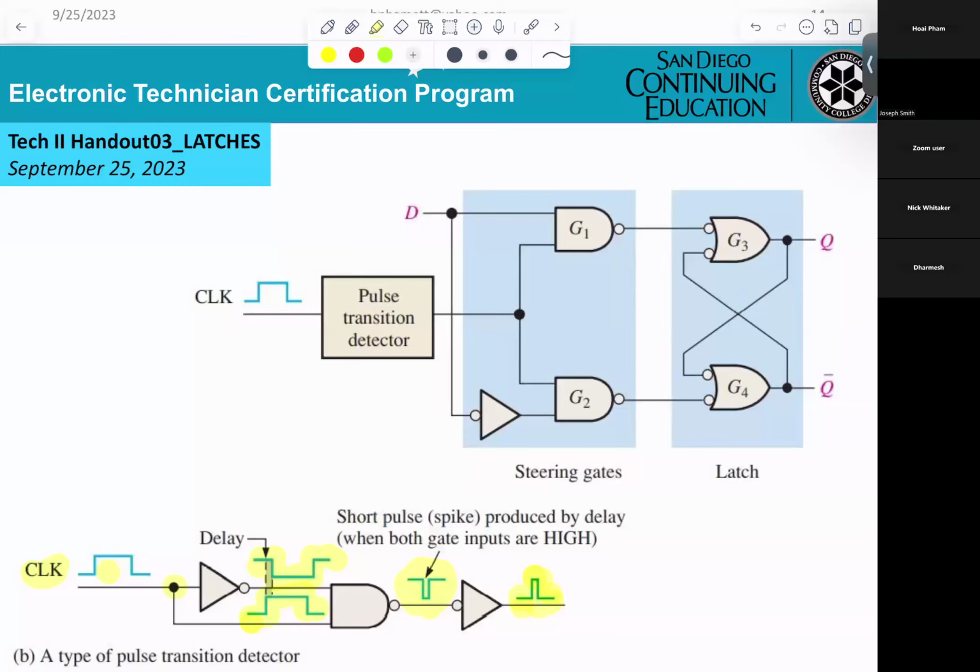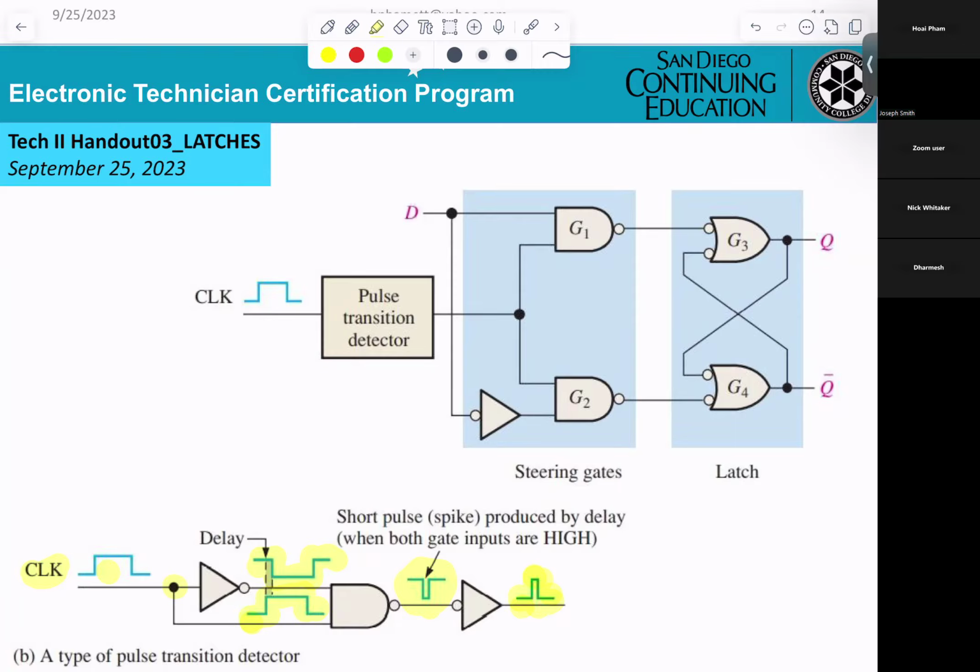So even if you apply one clock, if you add the inverter and the NAND gate, you are able to get a high to low transition or a low to high transition. That's what they are trying to tell you, how to create the clock transition.